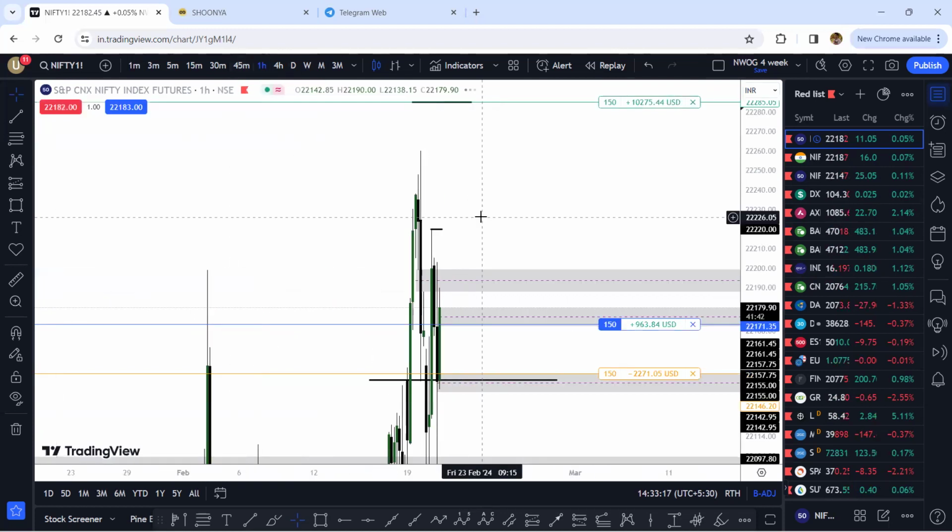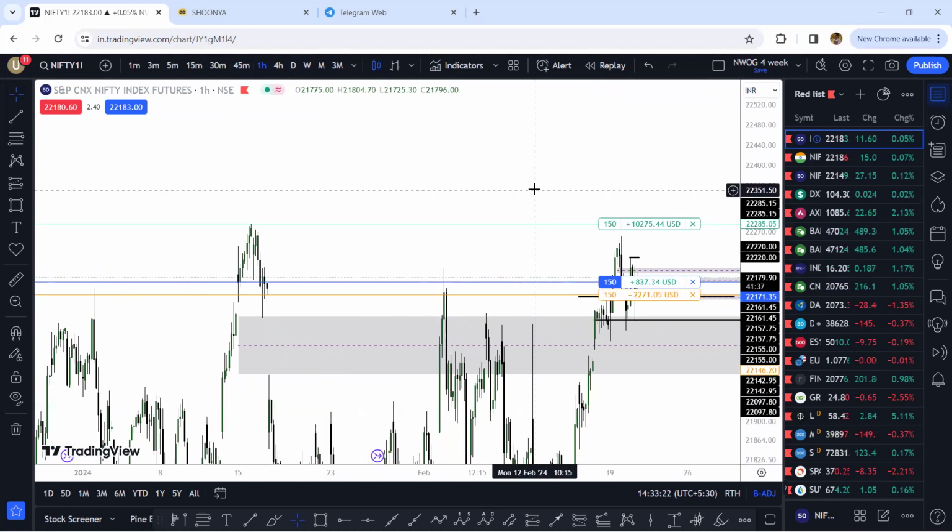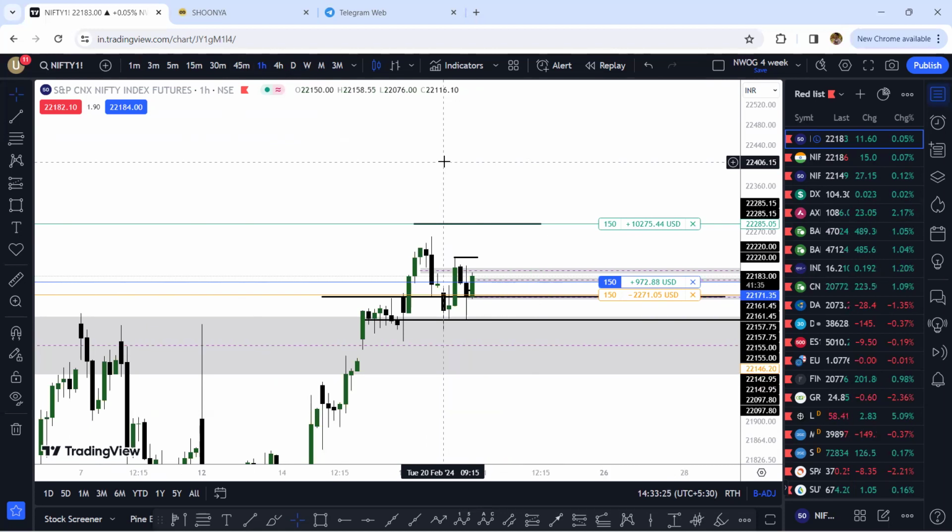Nothing yet. This is a very powerful area. I want to see the price break this today itself, to be honest. I don't want to see this sustain at all.